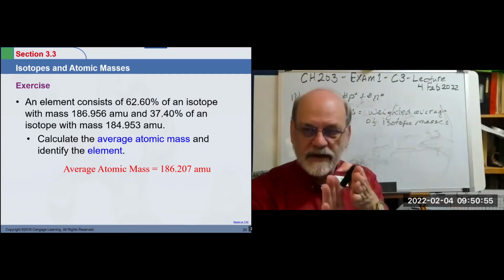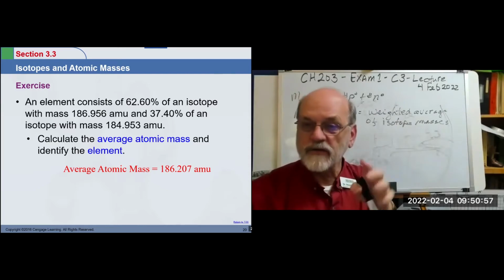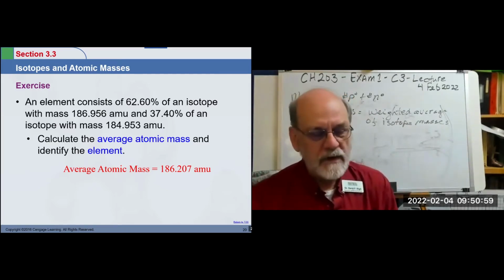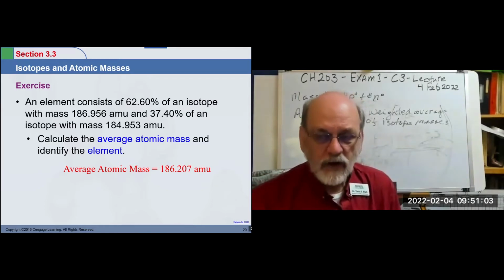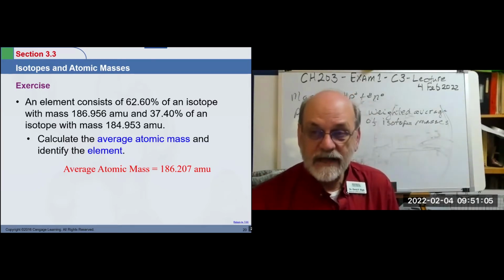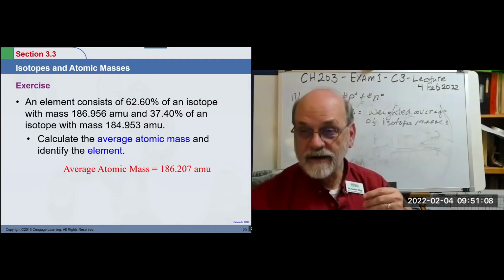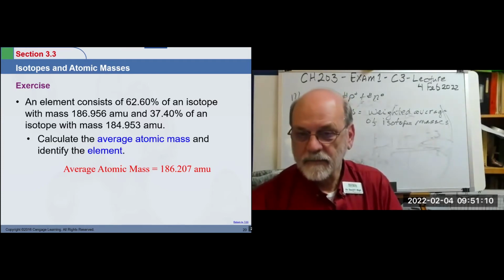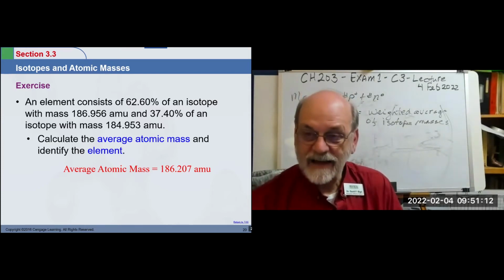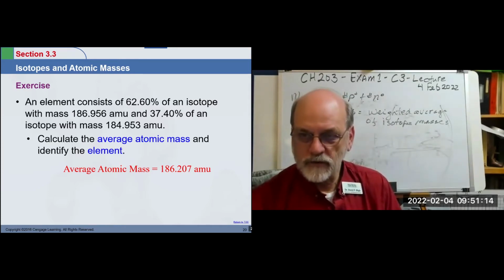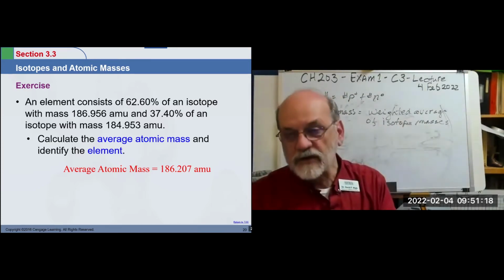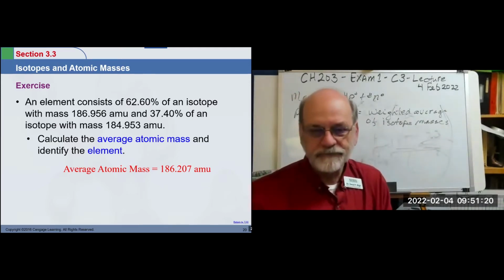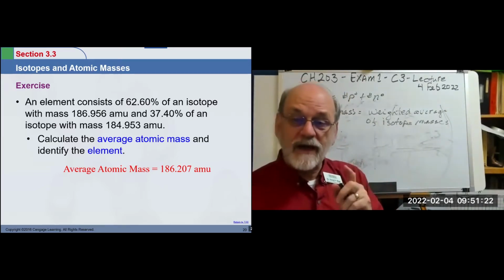And sometimes neighbors are very close together because of their mix of isotopes. But you're usually able to look for the atomic mass in the periodic table and identify the element. If you have a tie, if your calculations put you very close to two neighbors, then you need some other way to differentiate. But most of the time you can tell.